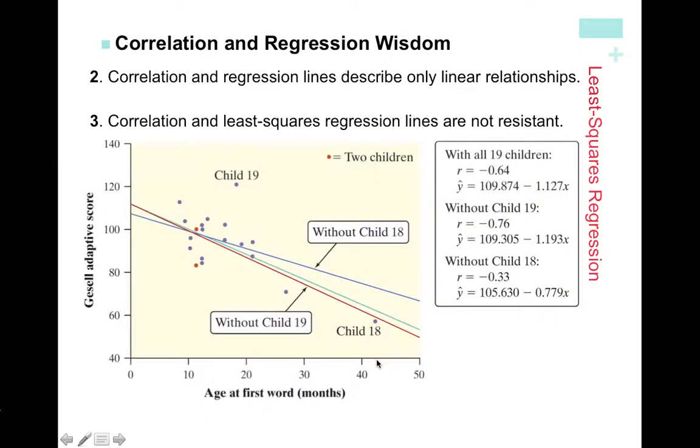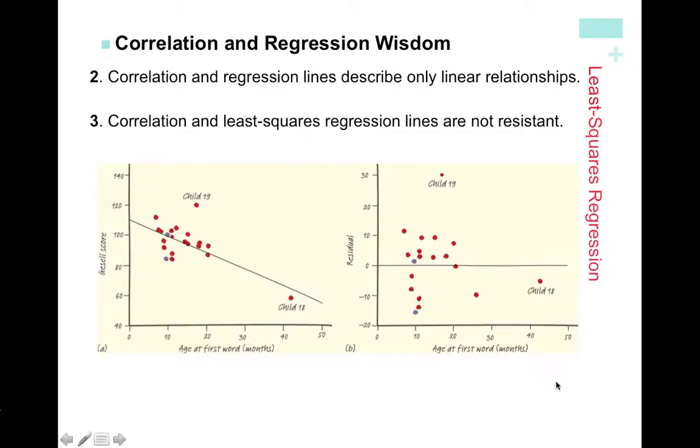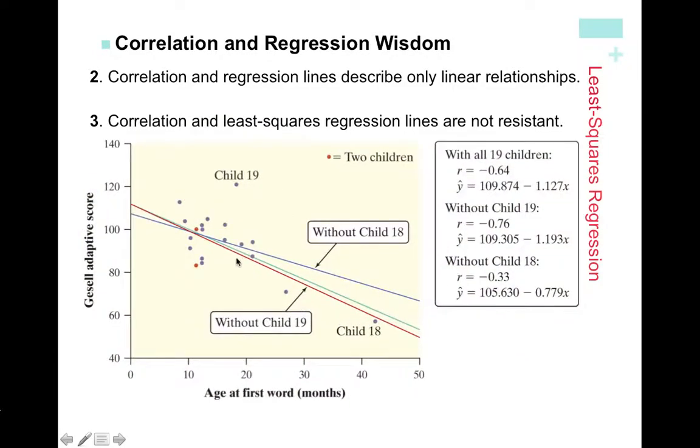But if we take away those outliers, without child 19, without this child, we have this red line. Notice that it doesn't change a whole lot.